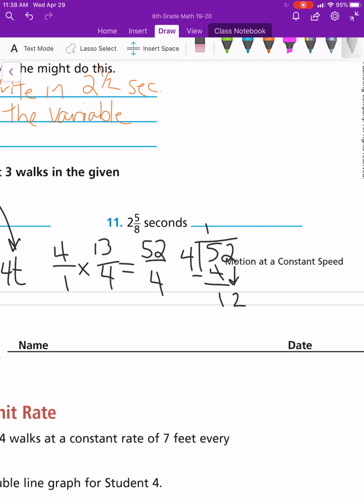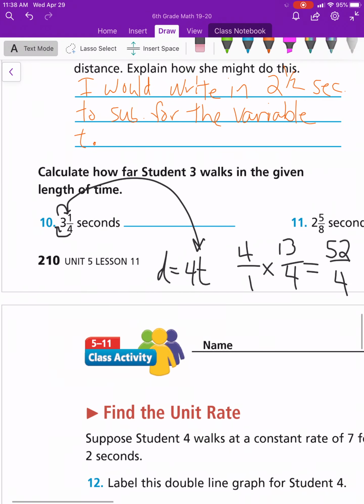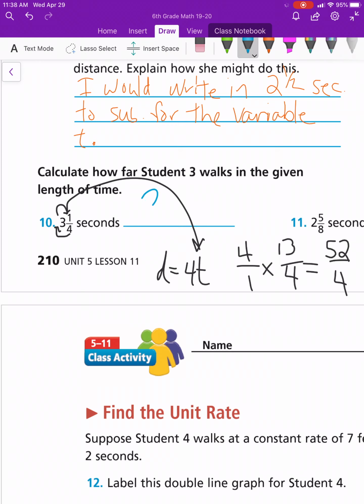I bring down the 2. 4 goes into 12, 3 times. I was right. 13. So the correct answer would be 13. 13 what? 13 feet. Sorry. We're solving for distance, and distance is in feet. It's really important to remember that.